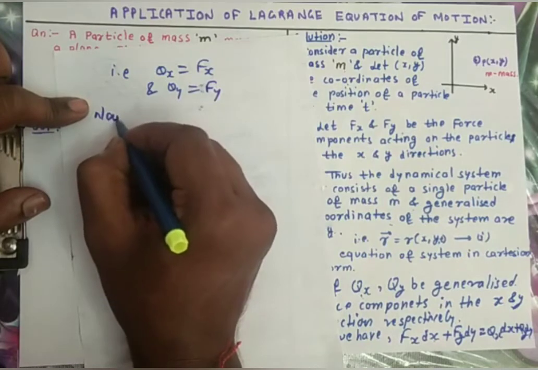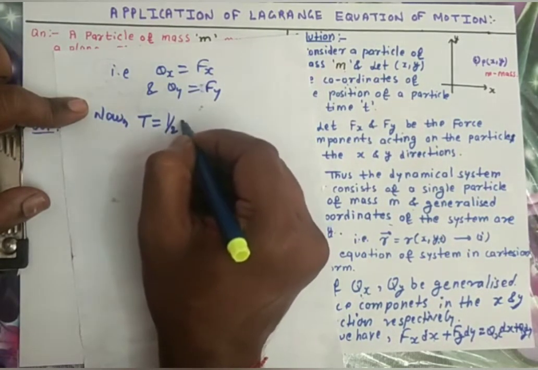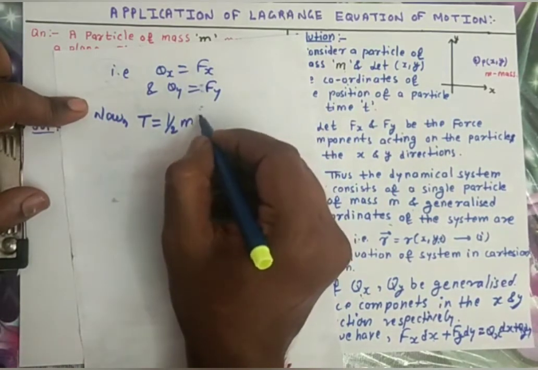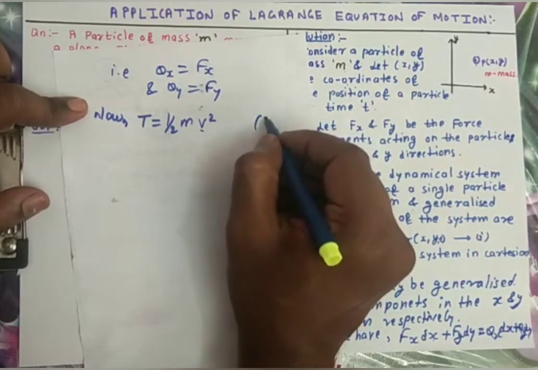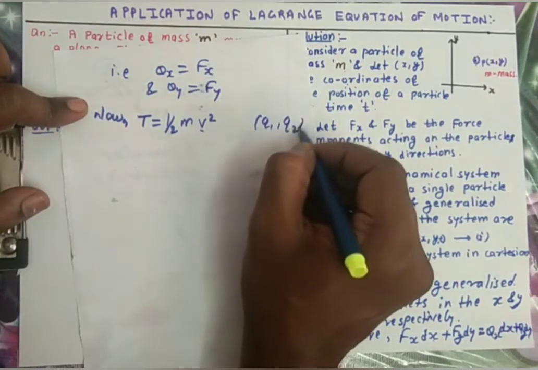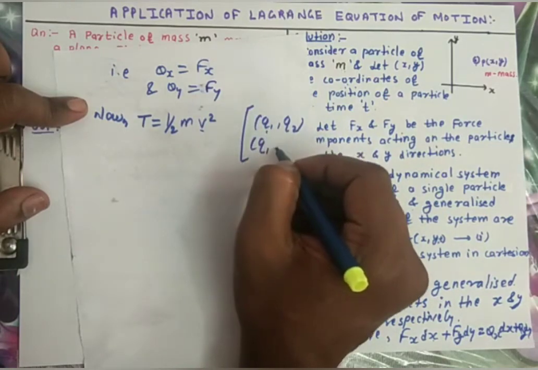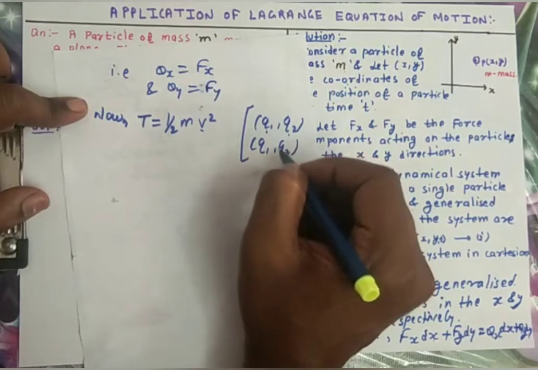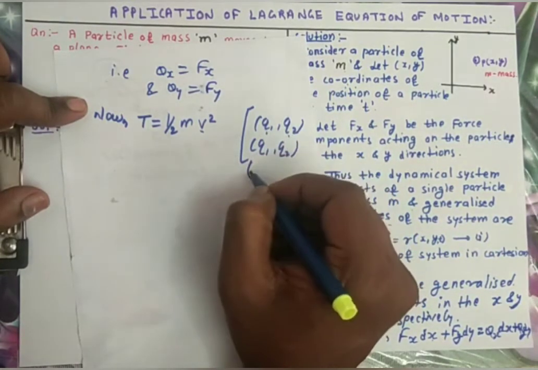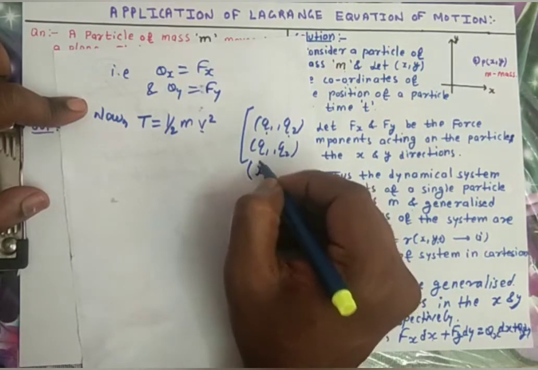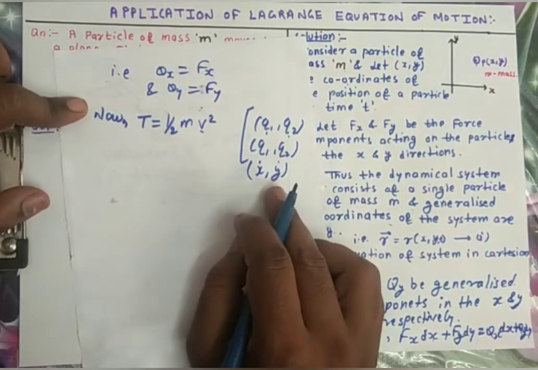Now we know that kinetic energy T is equal to half m v squared, and here the generalized coordinates are q1, q2. So the generalized velocities will be q1 dot, q2 dot, and we mention q1 for x and q2 for y. So they become x dot, y dot, and here there are two generalized coordinates.